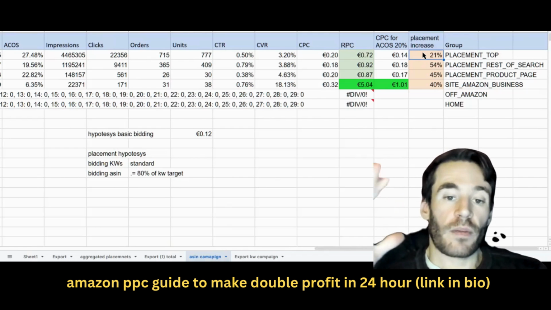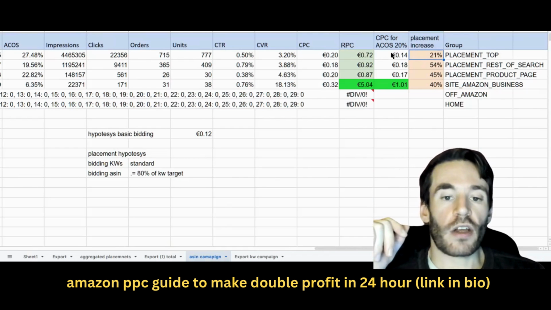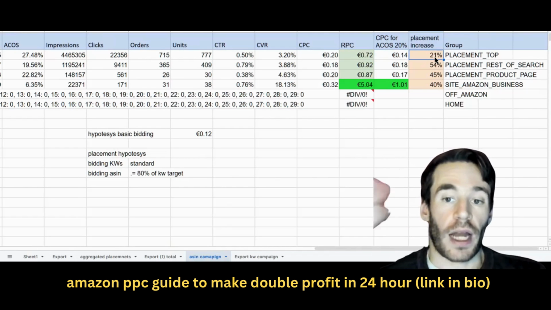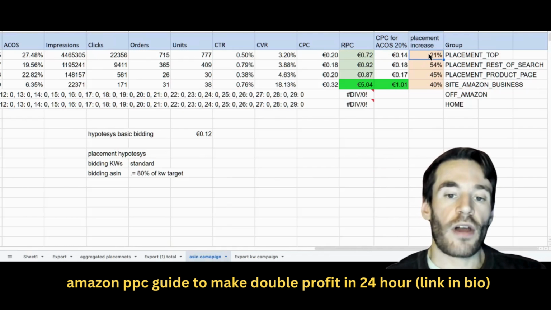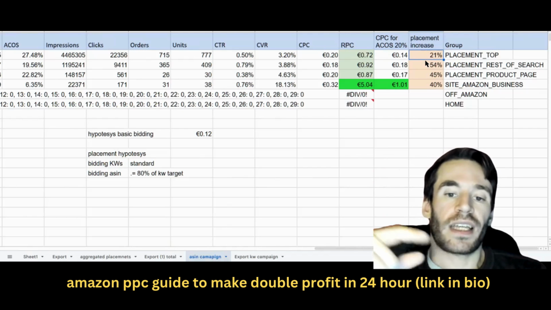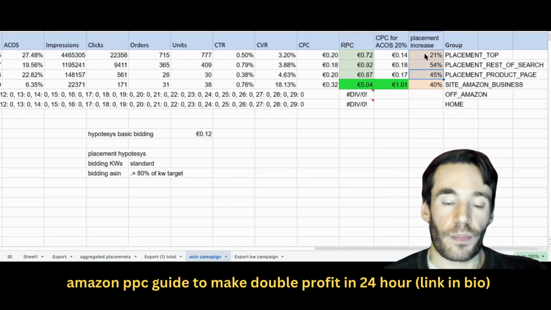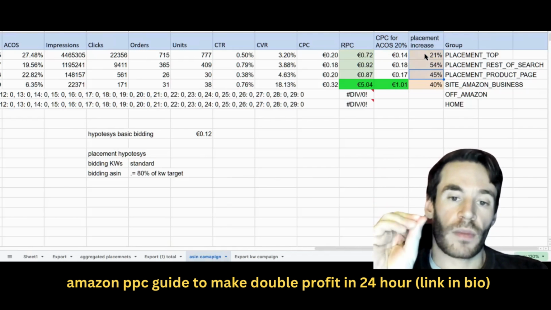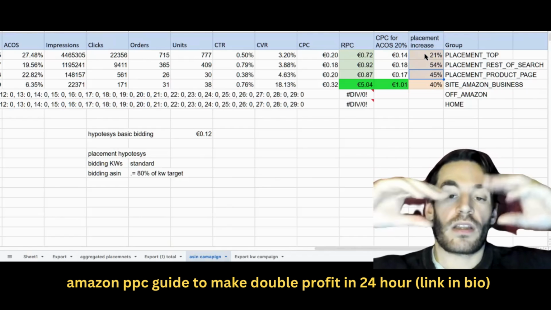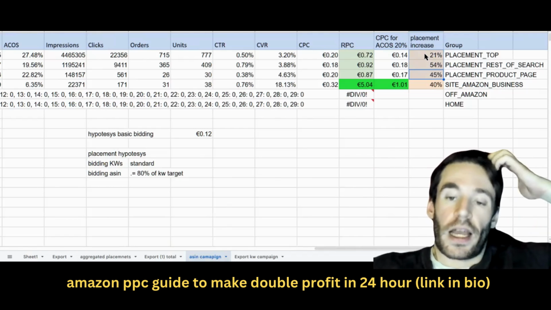Because you can have the same good results and the right cost per click even if placement is maybe 100. But the point is, if you have 100 here, you need to have in total this sum, 600. So it's not about the number itself. It's about the relationship between the different placements. And this is why it's getting complex.